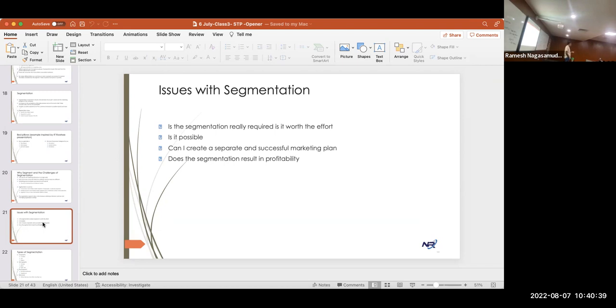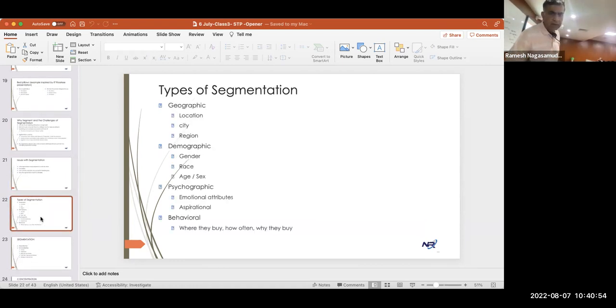Why would you want to know where the person is working for a car to be sold? So the segment must result in profitability. The types of segmentation we can talk about are geographic segmentation, gender segmentation, psychographic segmentation, and behavioral segmentation.